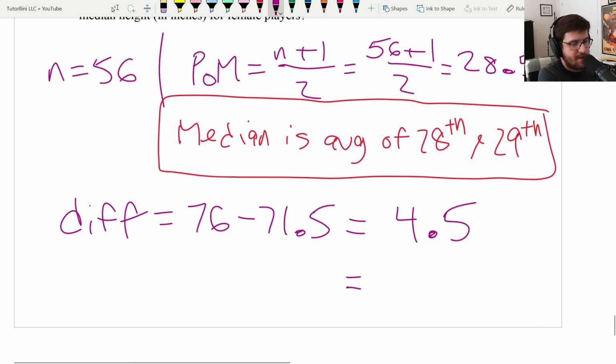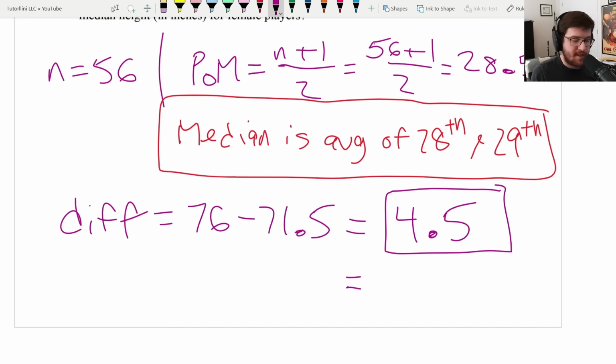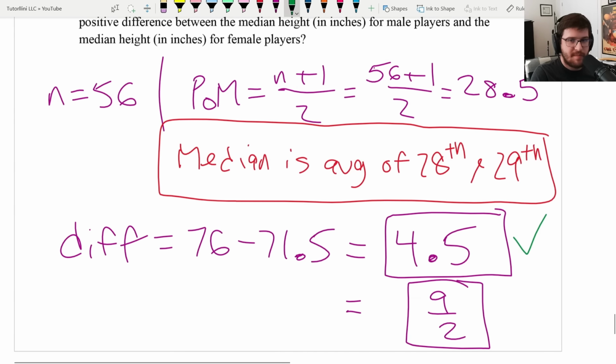And that is our answer. I'm cool going with the decimal, especially for a statistics problem, if the decimal comes out nicely. If you wanted to use the fraction, that would also be accepted in the Blue Book app, which is 9/2. Very good. Let's keep going.